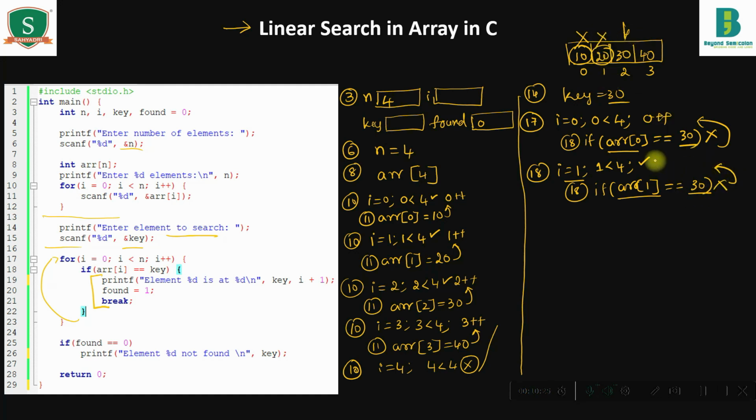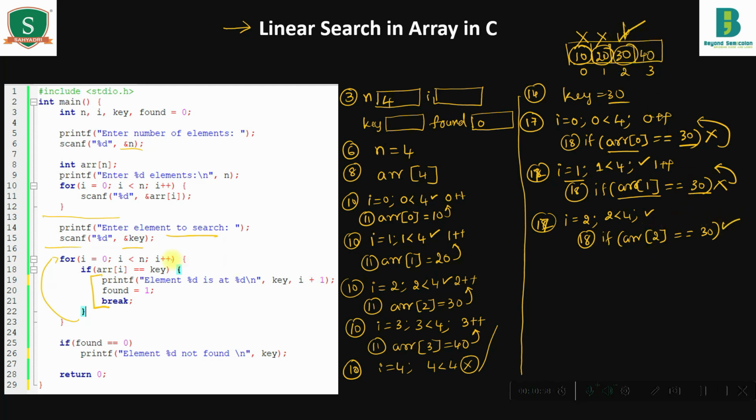We go back and update the i value, 1 plus plus. After updating the value, i is equal to 2, 2 less than 4, the condition is true. Sorry, this is the 17th statement, and this is the 18th statement. If array of 2 is equal to 30. What is the array of 2 value? 30. Is 30 equal to 30? Yes, the condition is true.